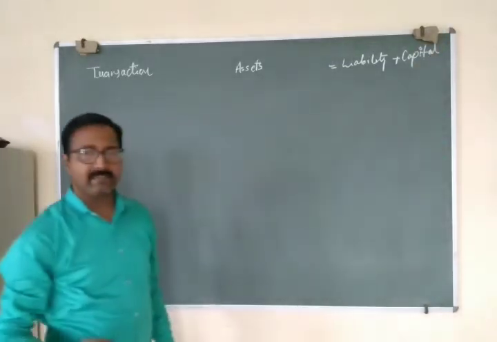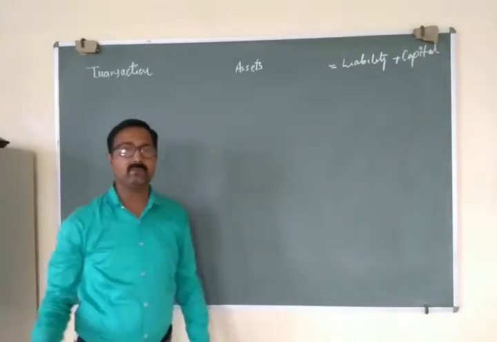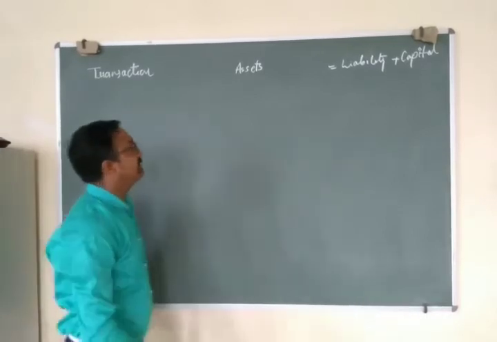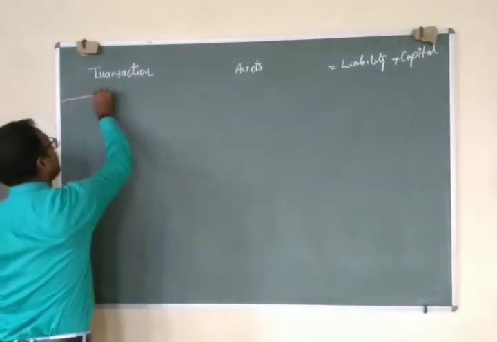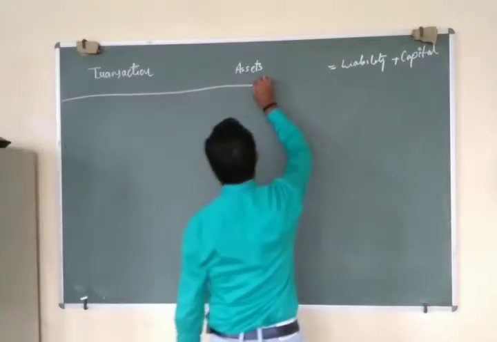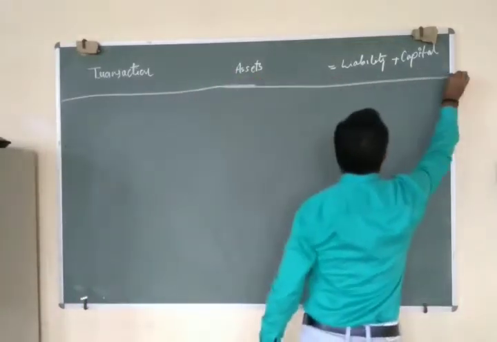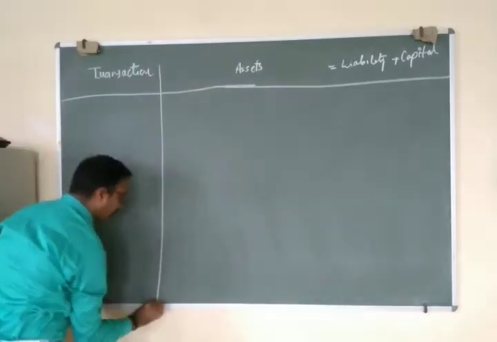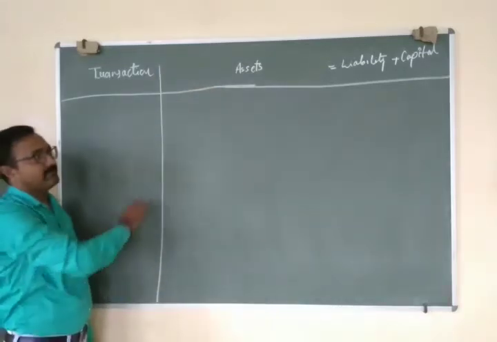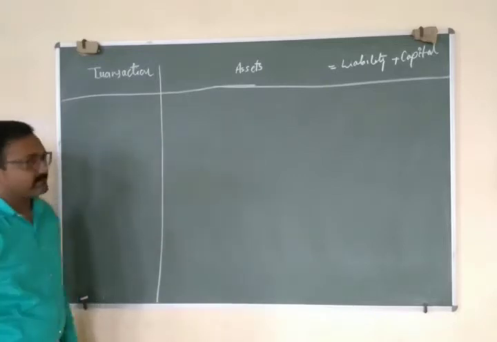Okay, this is our basic equation and accordingly we have to solve our numerical. So first we have to cross check. Okay, here we are going to write our transaction and that is for the equation.